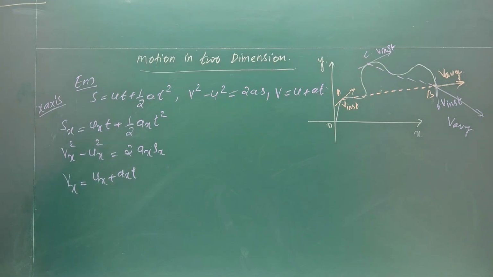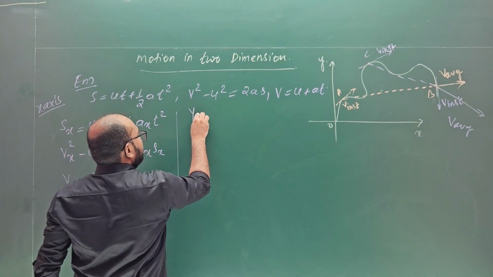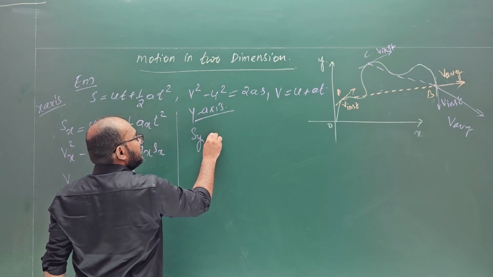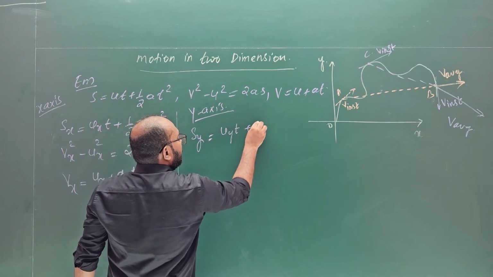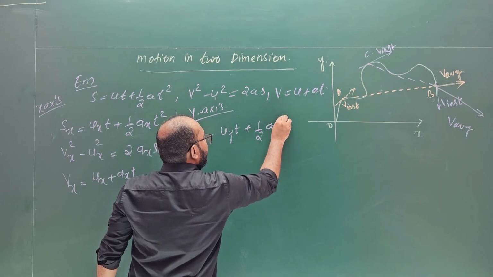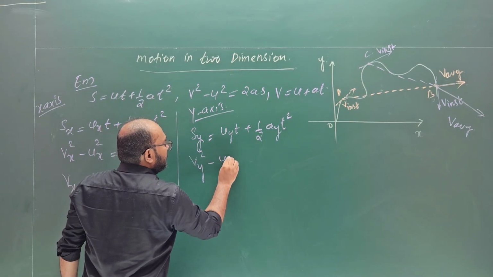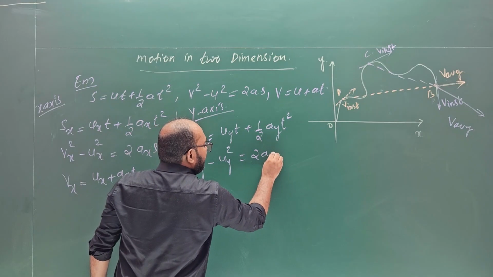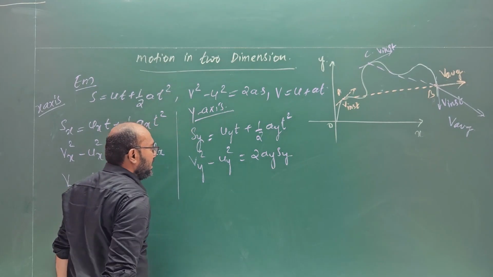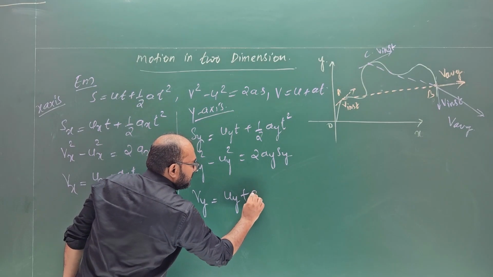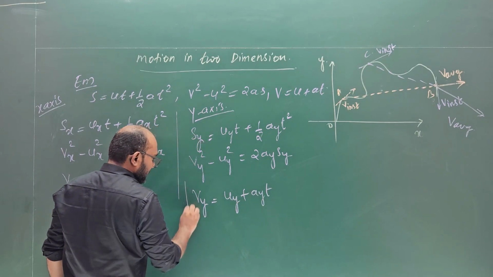I got my point? Similarly, in the y-axis, the same three equations can be written as sy = uyt + (1/2)ayt², or vy² − uy² = 2aysy. And the third equation, vy = uy + ayt.